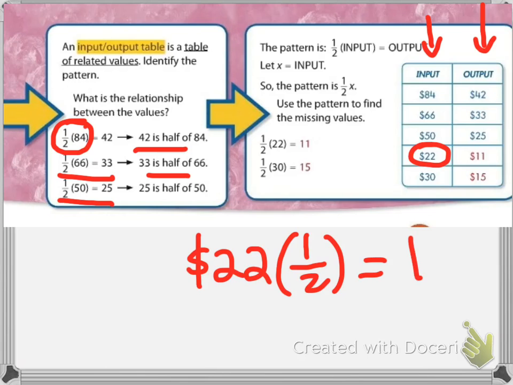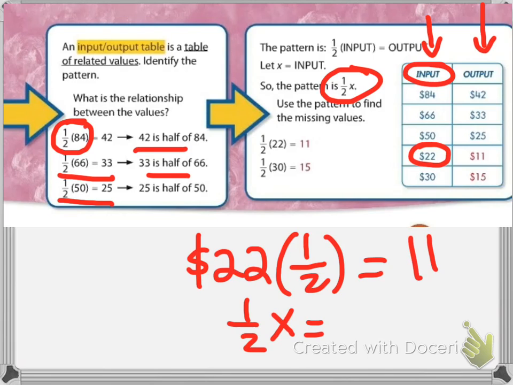So the expression is 1/2, and if we make x the input, 1/2 x will give you the output, the savings amount. For $30 here, half would give you $15. So that means 30 divided by 2. Every time we say half, it means divided by 2.